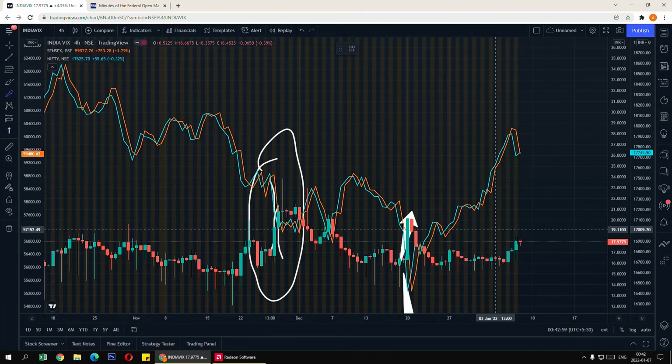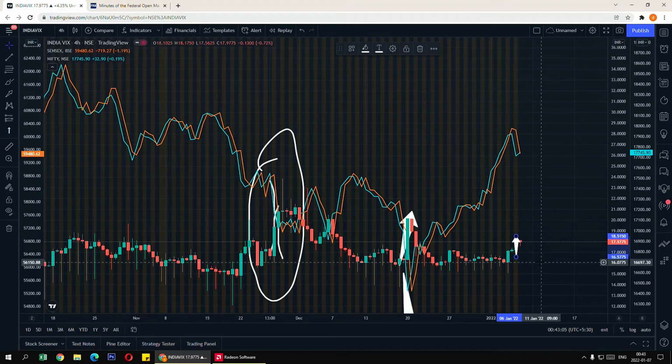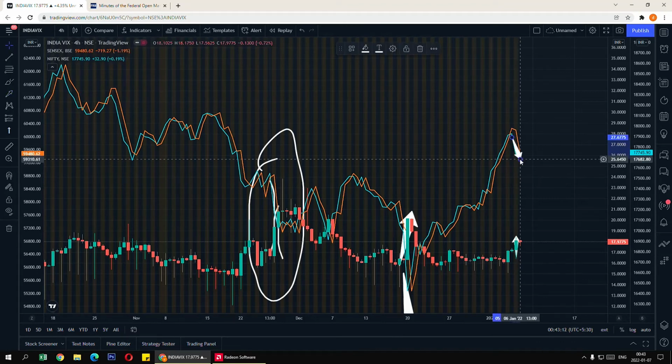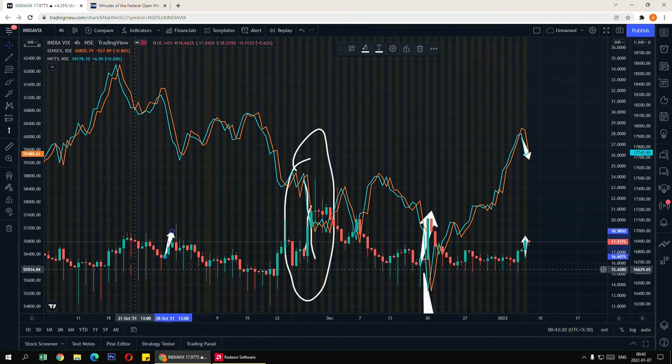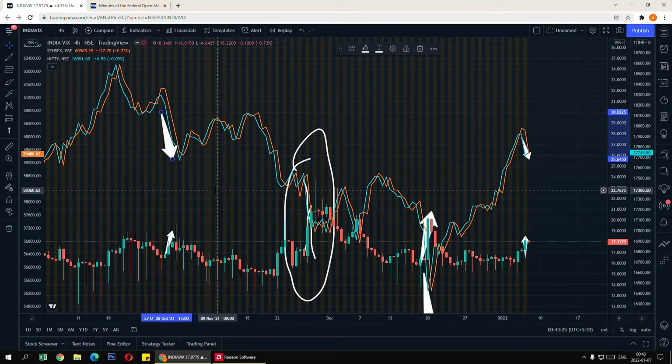Okay, see, today the volatility index increased by 5% when I first saw it in the morning, and we have a correction. Let me find another example for you. Yes, here it is. Our volatility index increases and we can see further corrections in SENSEX and NIFTY.